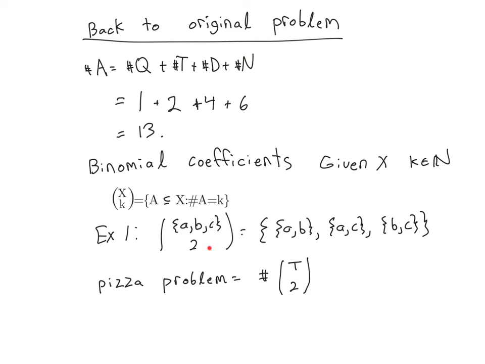And one place where we've already seen this set before is in the pizza problem. If you look at the pizza problem as studying all 2-subsets of the set of all possible toppings we have, then you're just looking at the number of 2-subsets of the toppings.